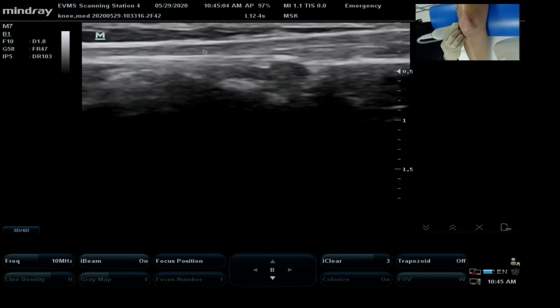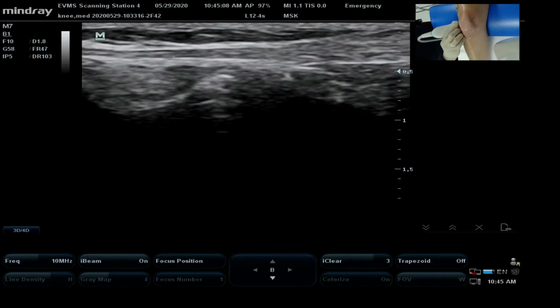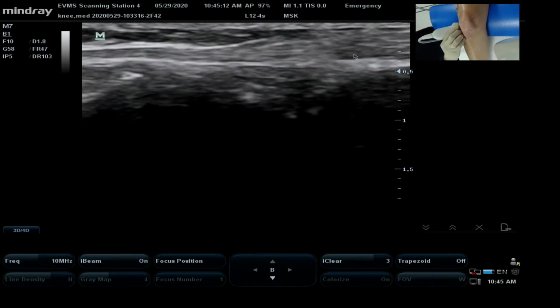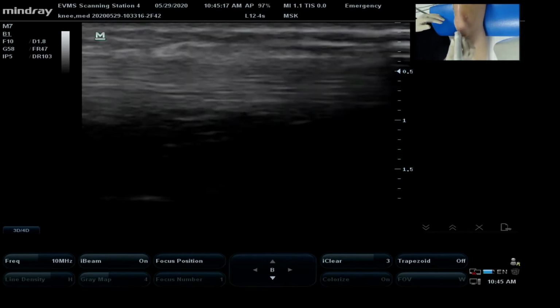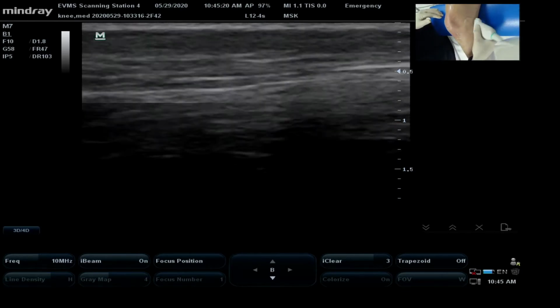And we can follow that iliotibial band to this problematic area up in here where they tend to have pain. Okay? Now that's the lateral side. Now let's move over to the medial side. I'm going to take a little gel with me. Add some gel to the medial side.